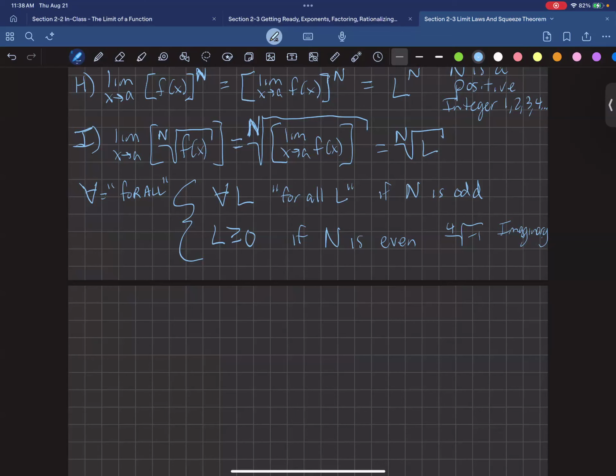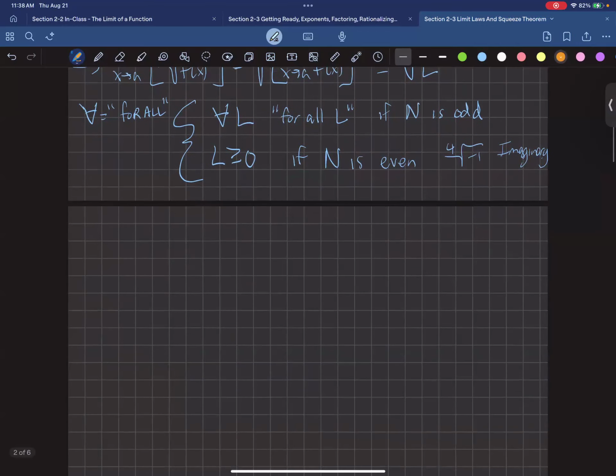So let's take a look at a couple examples. Example 1, we're going to do the limit as x approaches -4 of 3x minus 2. I'm going to take this slowly and break it into parts. You're going to end up learning stuff that makes you go much quicker.